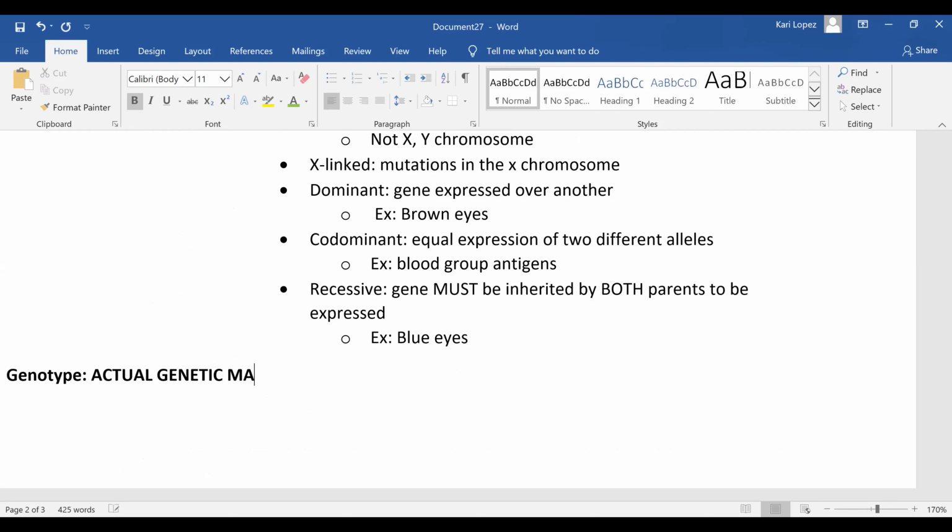And you can only determine the genotype through molecular techniques. Or family testing.